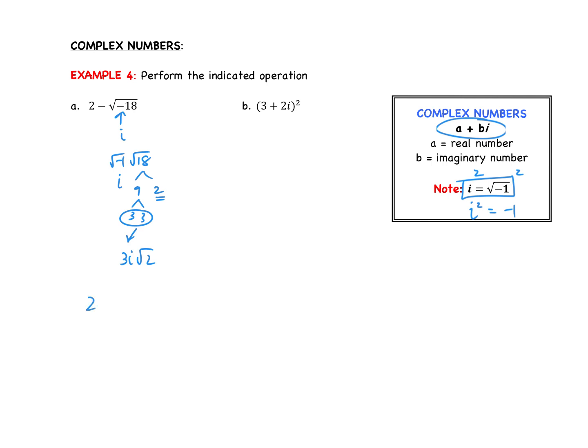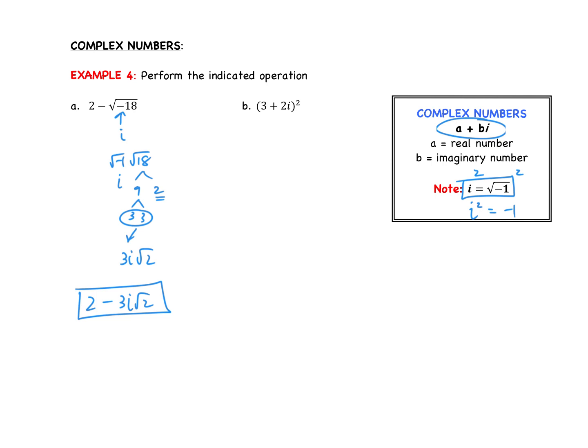So then we have 2 minus 3i root 2. We cannot simplify that anymore, so that's done. Again, in order to add or subtract, we would have to have the same number underneath the root, which we don't.